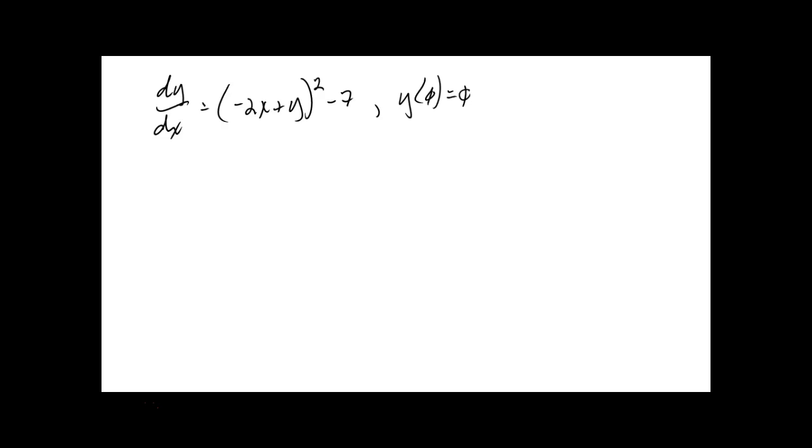So let u equal minus 2x plus y, squared, minus 7. Now, unlike what I was showing you before, we really don't care, well, we do care about dy/dx, but let's just do du/dx. We're not going to come back and solve for it. What do you get? Ooh, this is going to take a little effort, but not too much. What would that be? Start me off.